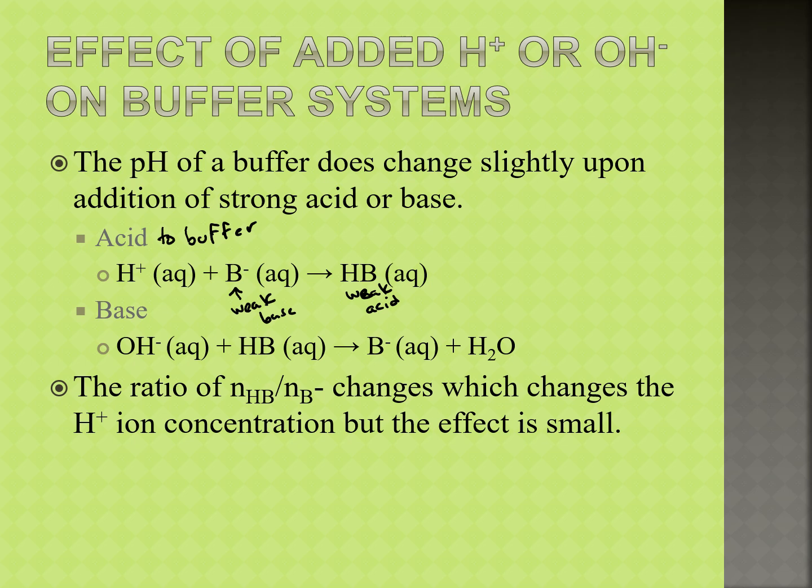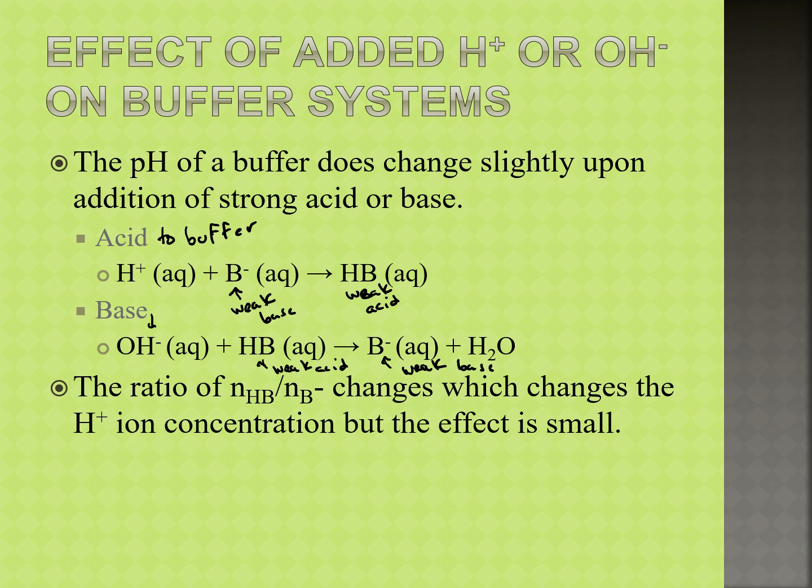Otherwise, if we have a strong base and we add it to our buffer, it's going to react with the weak acid and convert it into weak base. And so when we do this, we're converting one weak species to its conjugate, whether that be the weak base into its conjugate weak acid, or the weak acid into its conjugate weak base.